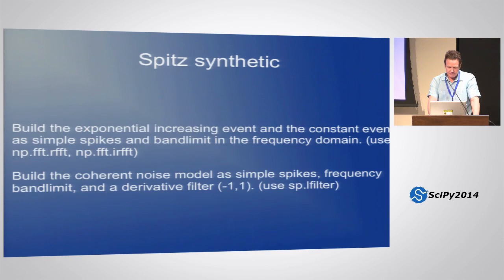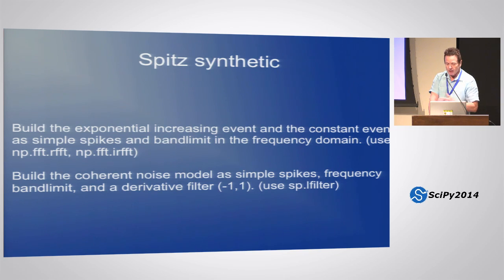So this just summarizes a lot of the words that I just said. I'm going to build this exponentially increasing event with simple spikes and then band limit them in the frequency domain. And to band limit, I'm going to use the NumPy FFT, real FFT and inverse real FFT.